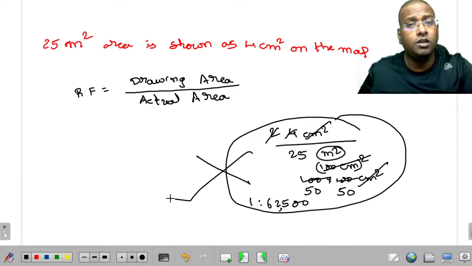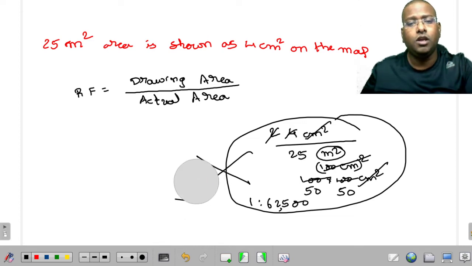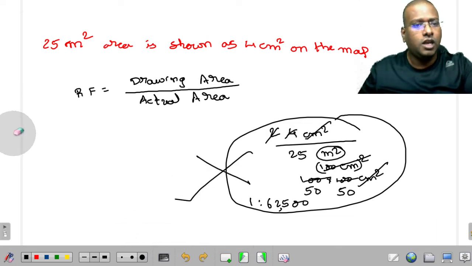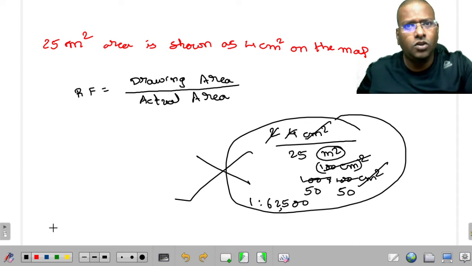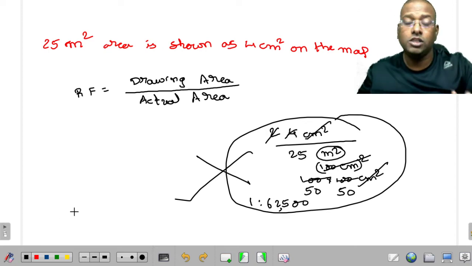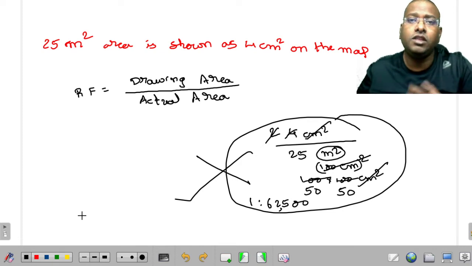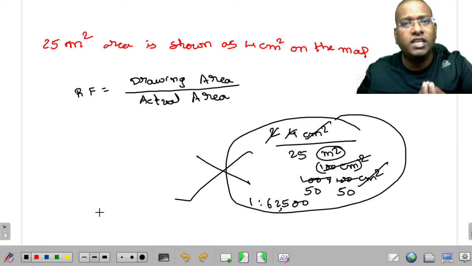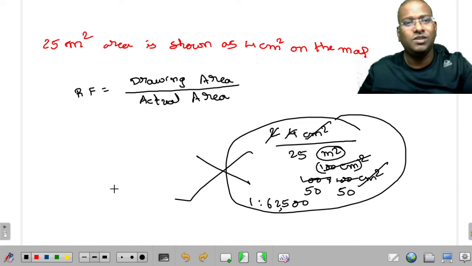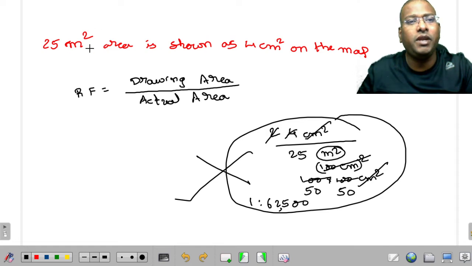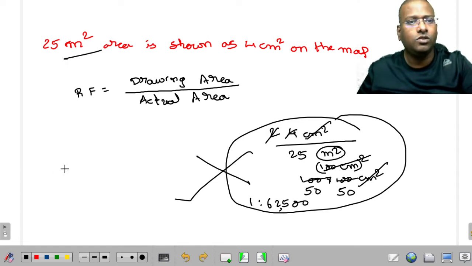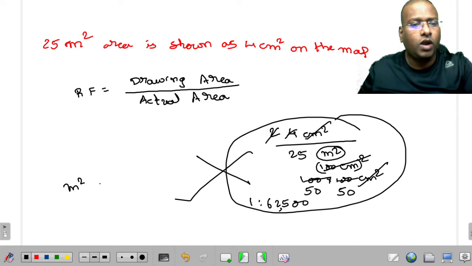Why, sir? Why is this calculation wrong? Remember, my dear friends, representative factor is the ratio of lengths only. But once the areas are given, how do we handle that? Very simple. We have to take the equivalent length. Since the area is in meter square, how can we get the equivalent in meters?